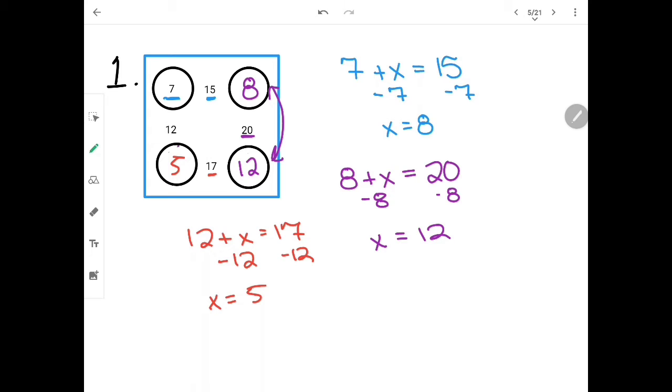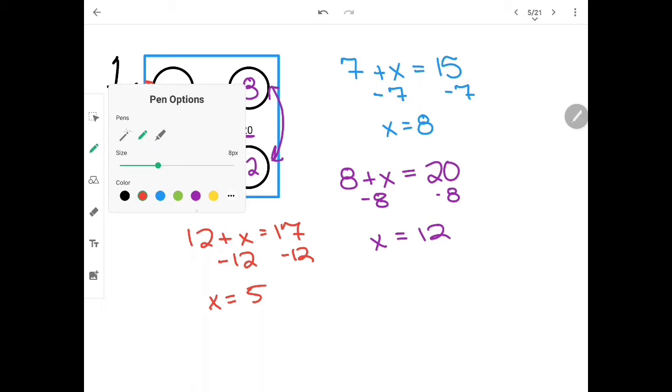And if we did this problem correctly the first time, we should be able to add 7 and 5, and we should get our sum of 12. Now if we didn't do this correctly, we're not going to get 12.